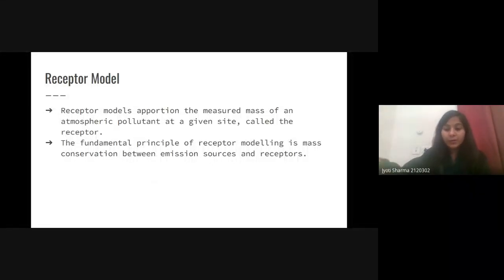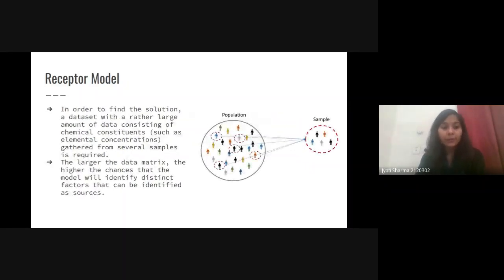The place from where you are collecting that sample is the receptor. This is the area of interest, for which you want to calculate the source of the pollution. The fundamental principle, as we already talked about, is mass conservation between the emission source and the receptor.